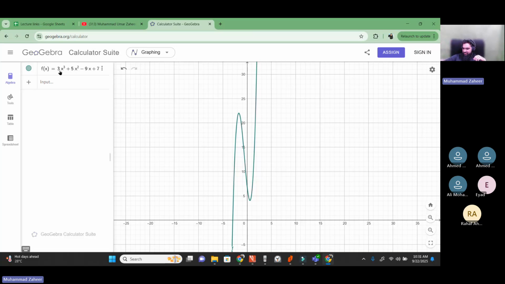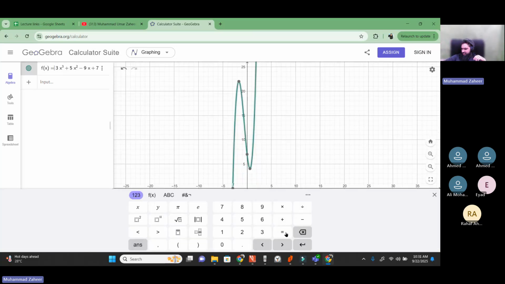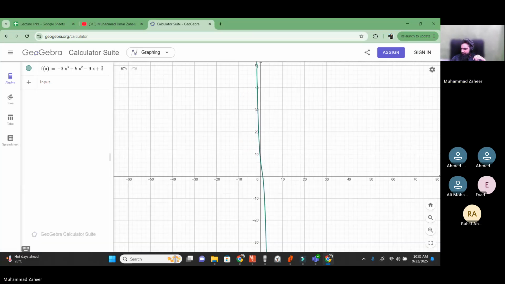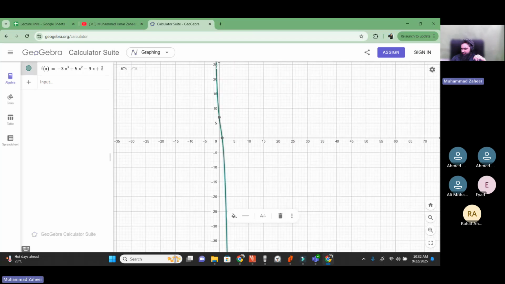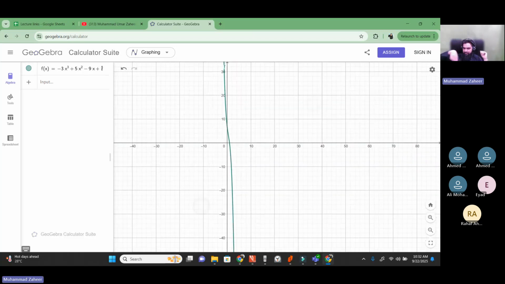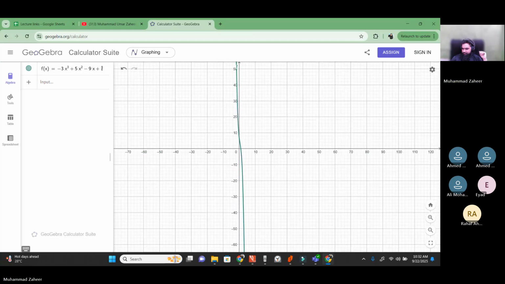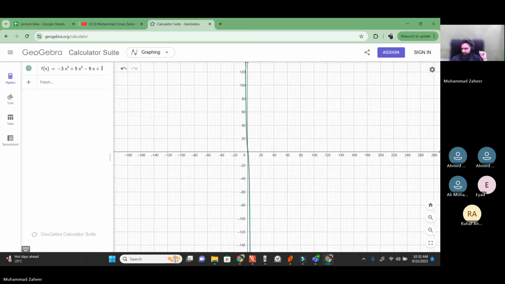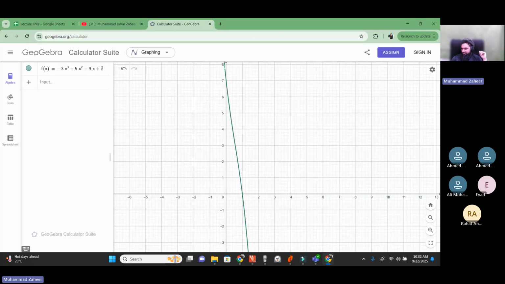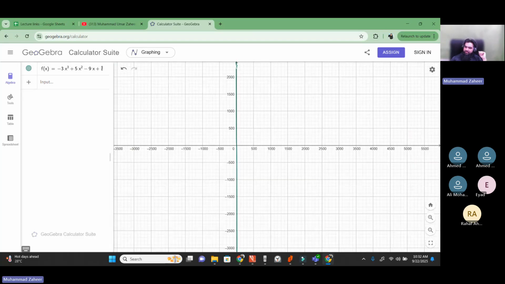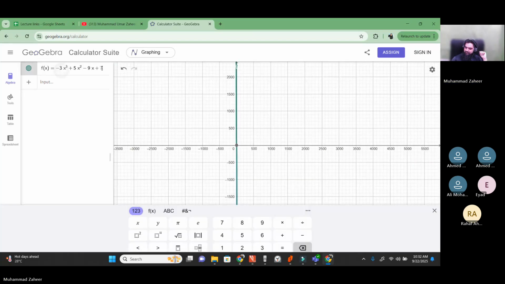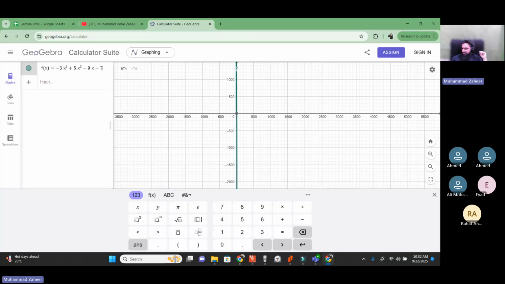If I change the sign of the x cubed, look here, it changes to going from left to right now. A smaller change, but ultimately the shape of the graph is the same. So here you have all real domain and all real range. They are the same.